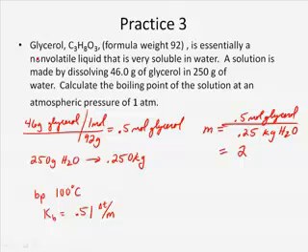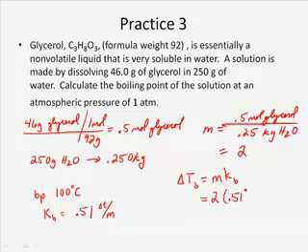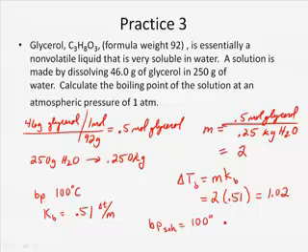We're not dissociating any, it's not ionic. So our delta T boiling is Kb times my molality, which is 2, times 0.51, which gives me 1.02 as my delta T. And so my boiling point of my solution is the original boiling point of the solvent plus the delta T from the solute.